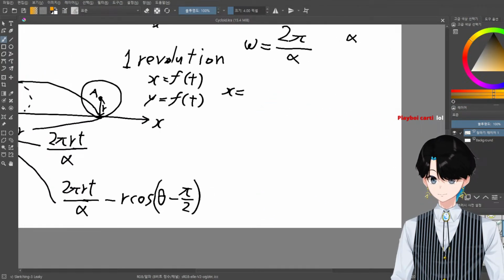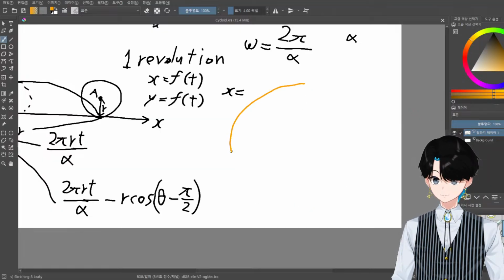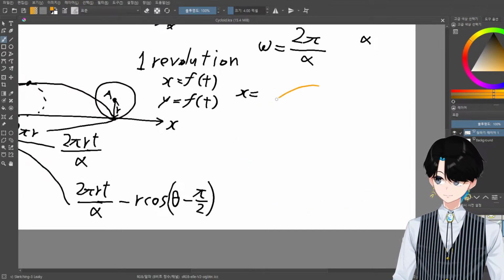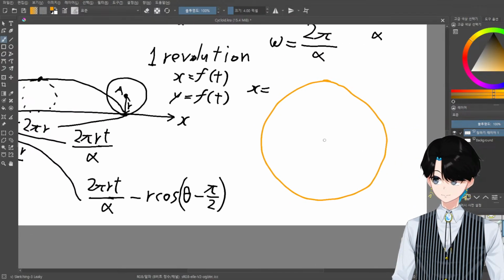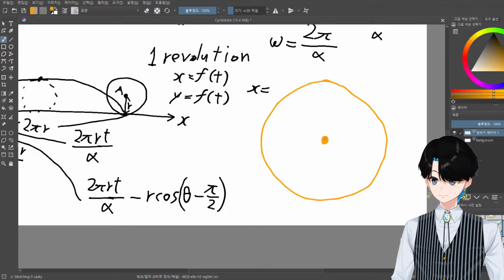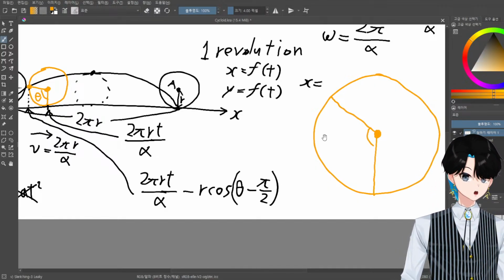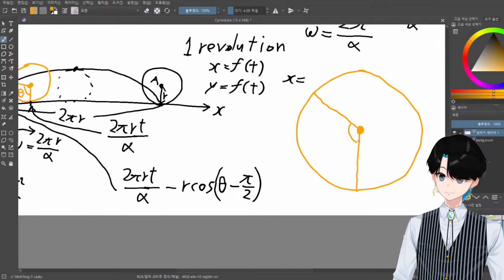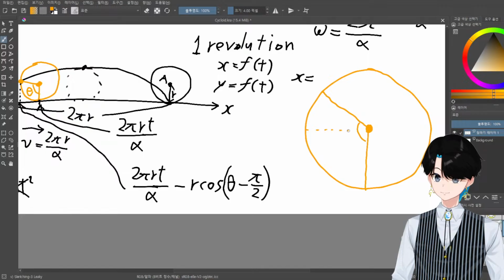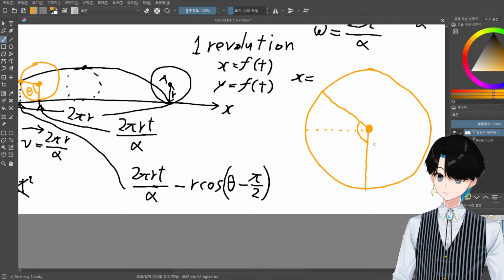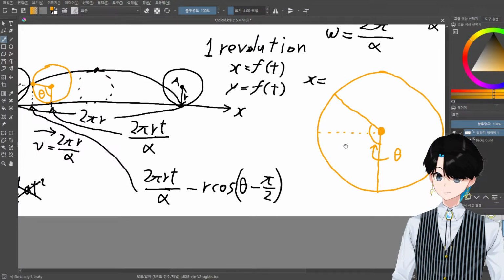I might need a bigger screen. Yeah, okay.